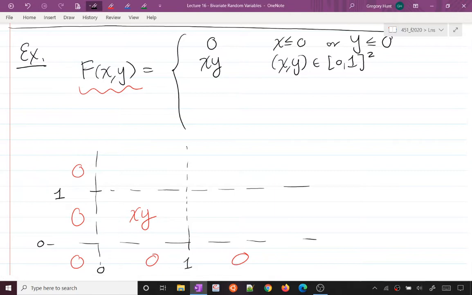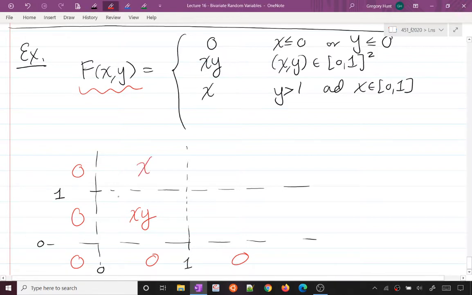And it's going to take on the value x if y is bigger than 1 and x is in the unit interval. So that's this here. And it's going to take on the value y if x is bigger than 1, but y is in this unit interval.